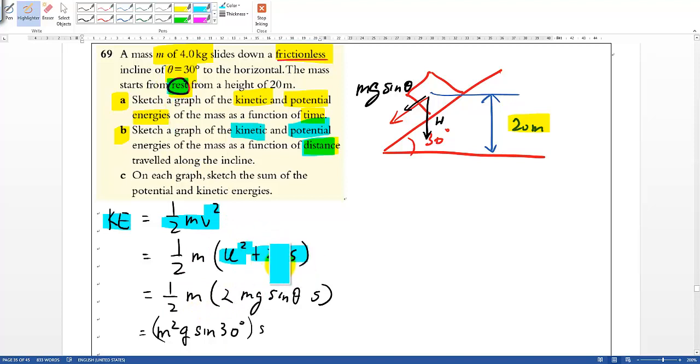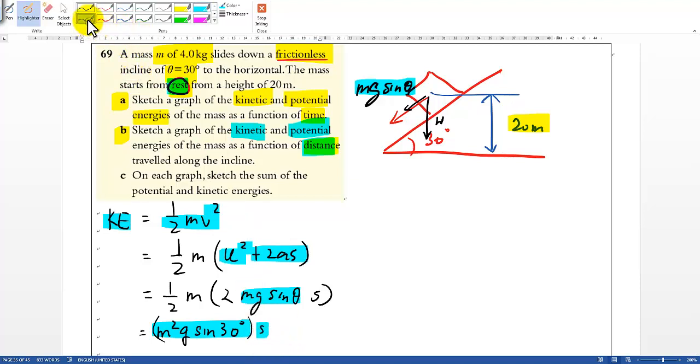You just take it away, and then a, like what we said, will be g sine theta, and s we will just keep here. So at the end, similar to part A, you will have a constant or a coefficient, as in m squared g sine 30 degrees, which is unchanged throughout the whole motion, times the distance.